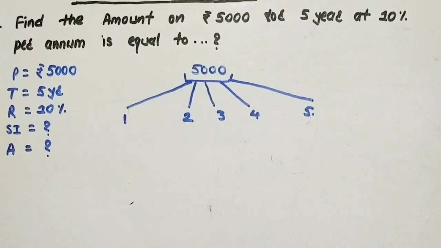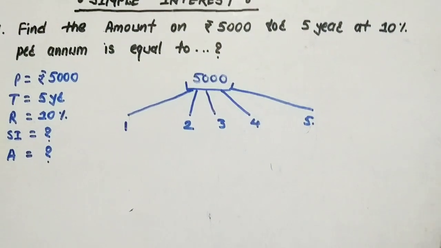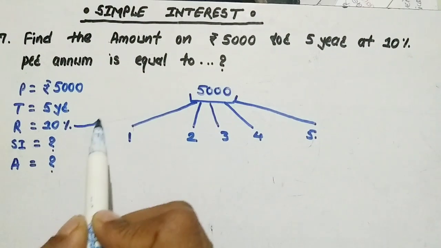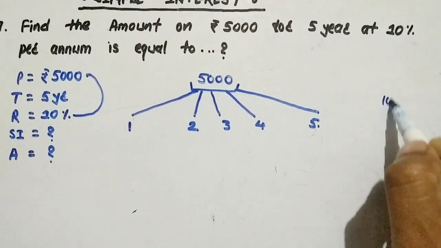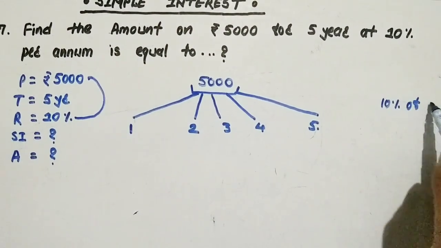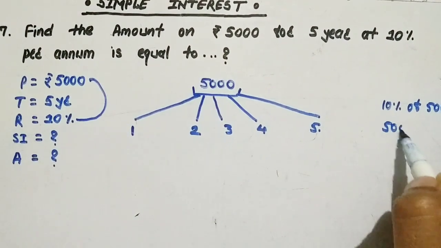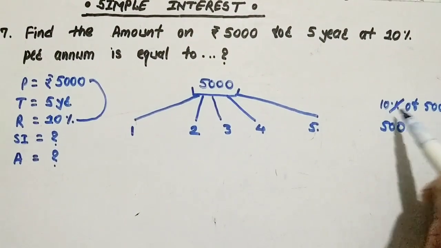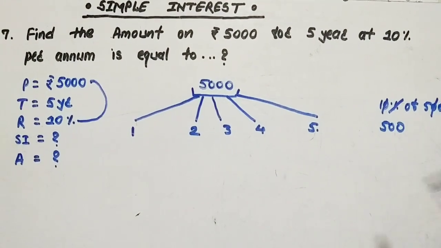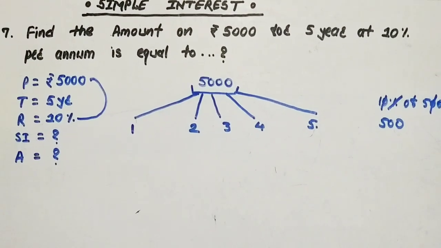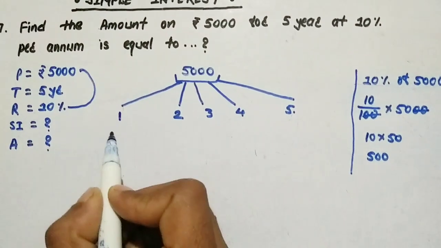So 1, 2, 3, 4, 5: first year, second year, third year, fourth year and so on. अब यहाँ पे rate of interest is 10% of 5,000, right? So that is equal to 500. Why 500? Percentage cancels out, this 0 cancels out, right? So 10% of 5,000 is equal to 500.